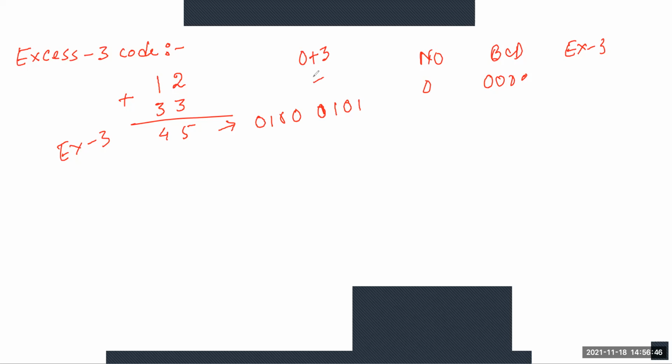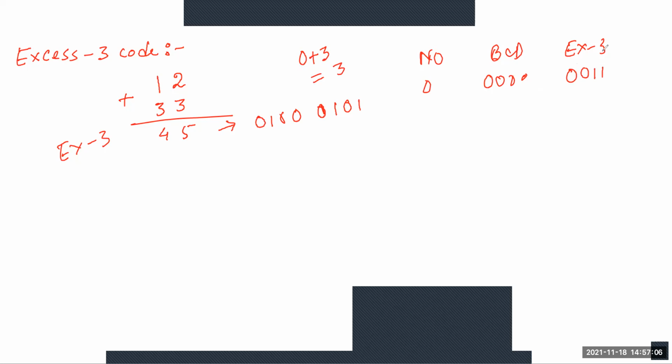So this is 3, and XS3 is also in 4 bits for each digit. So the XS3 code here is 0011.